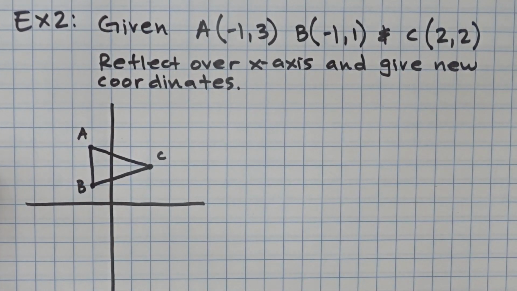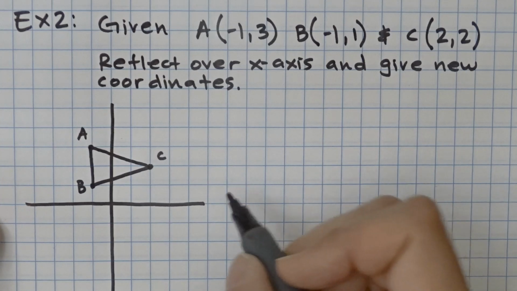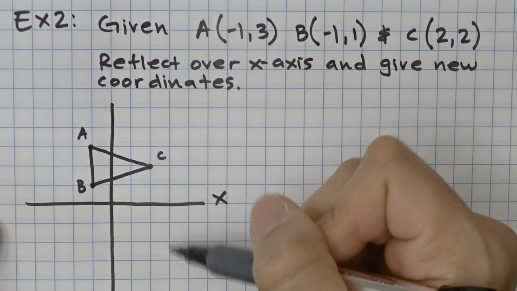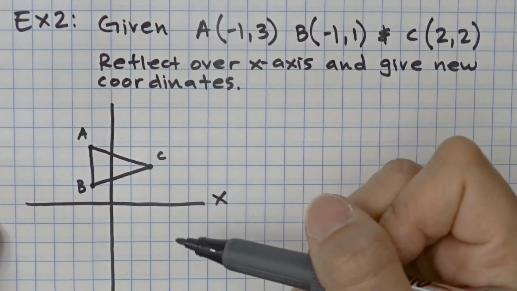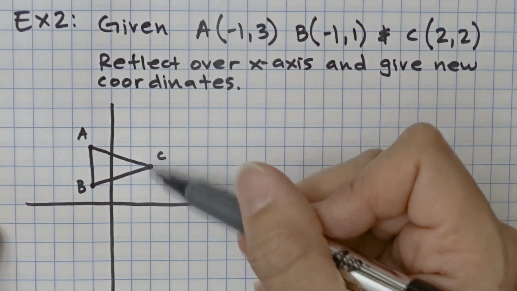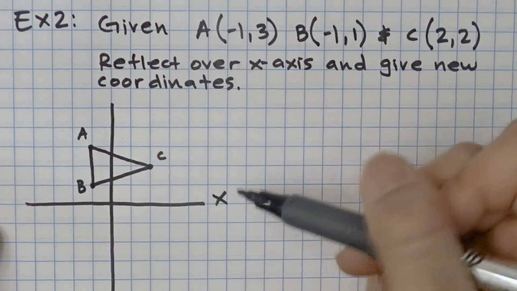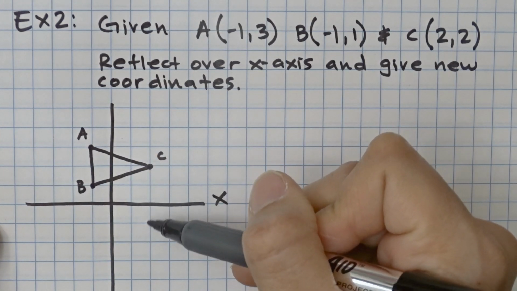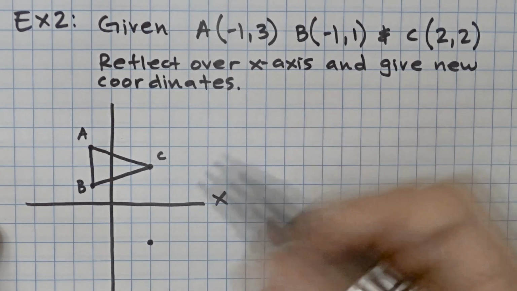So there we go. I'm going to reflect this over the x-axis. So that means I'm going to take this point down. Remember, in order for it to be a reflection, every vertex needs to be the same distance from the line of reflection. So if this C is 2 units up, in the mirror, it's going to also appear 2 units on the other side.